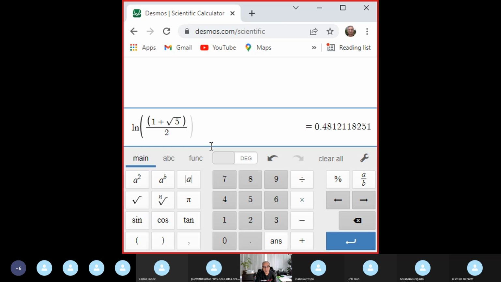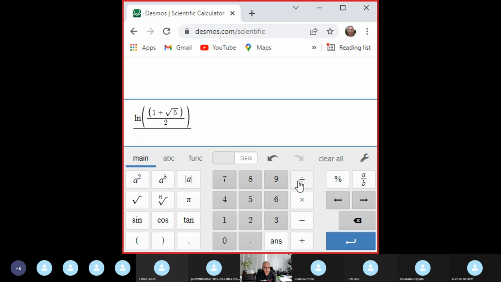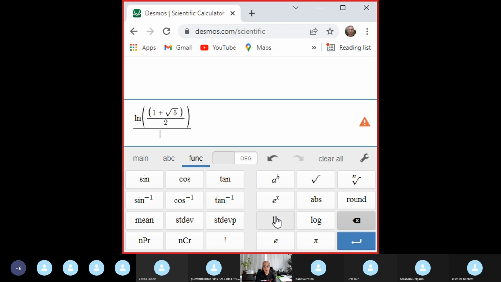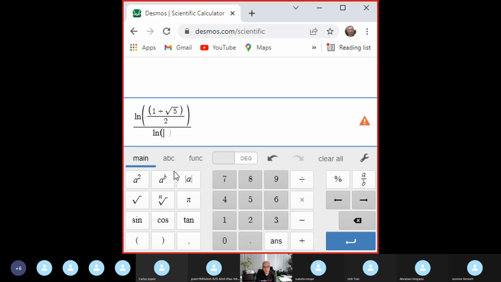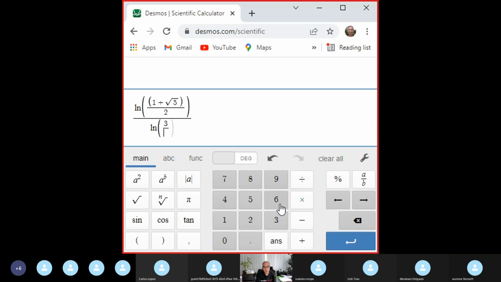Outside all the parentheses you divide again by ln of what? 3/2. 3 divided by 2. Boom.